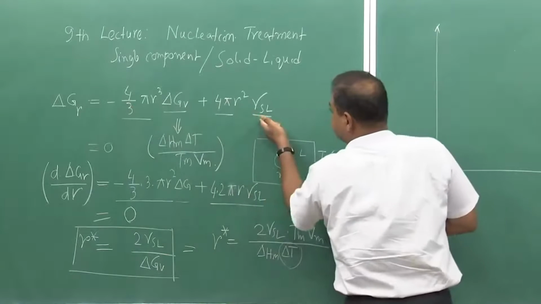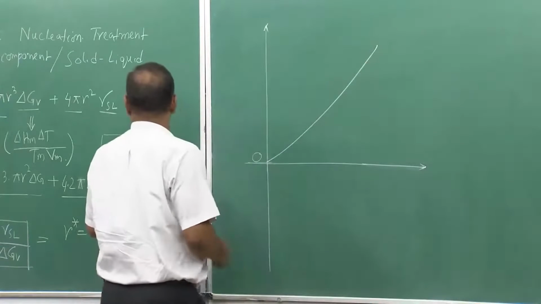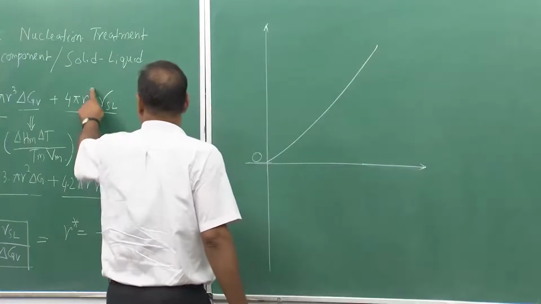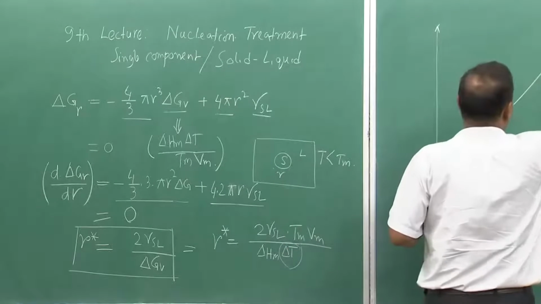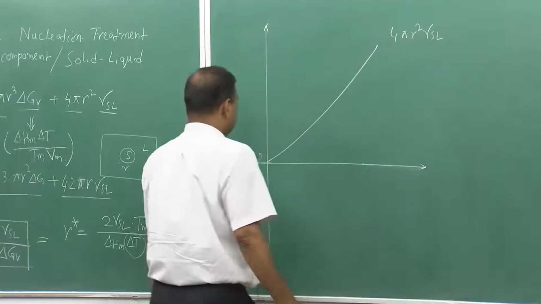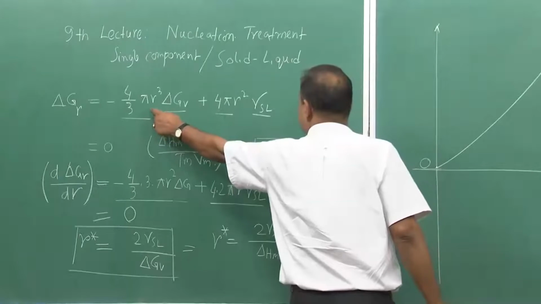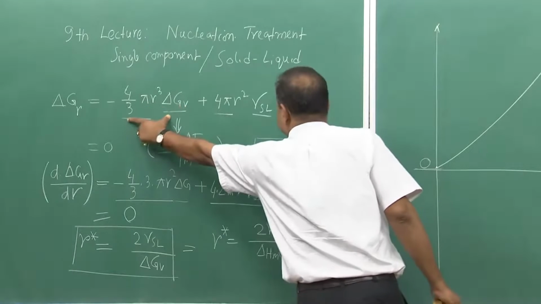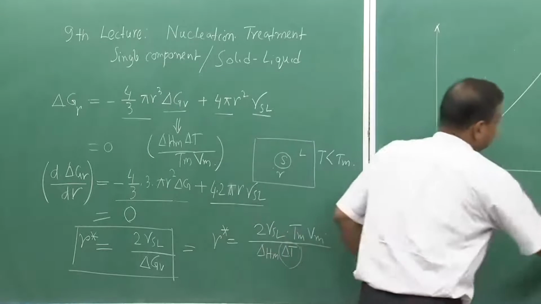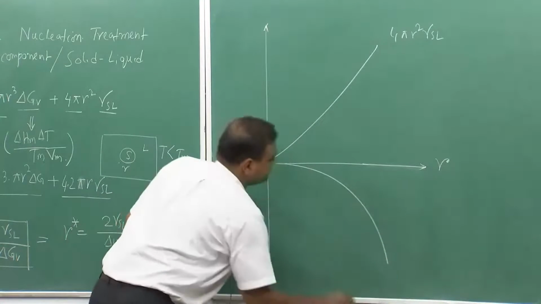If we come to this expression, it varies as the square of r, so it would vary like this. This term is basically 4 pi r square gamma SL. Similarly, I can also have a plot of this particular term as a function of r. So, this term would vary like this.